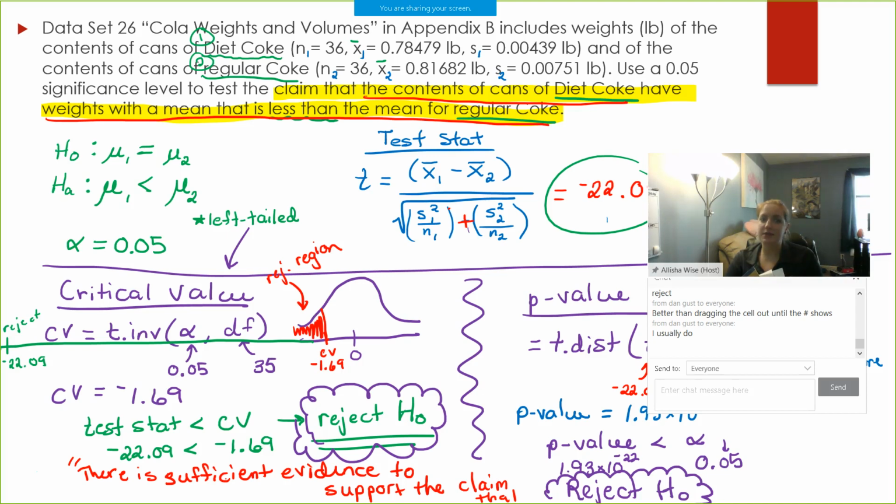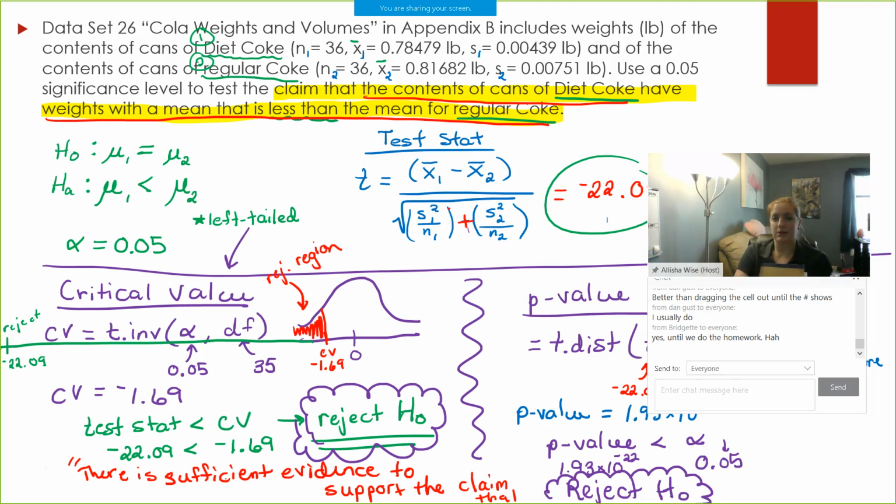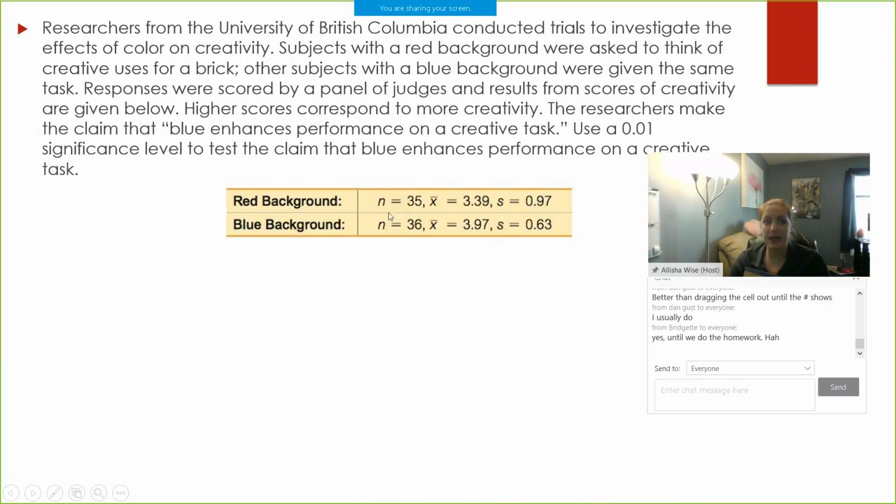The only thing that's different is how you set up the null and alternative and then the test statistic. And the test statistic obviously was a little kooky, but that's okay. Okay, hopefully I gave everybody enough time to write down that claim. Let's go ahead and do one more example.